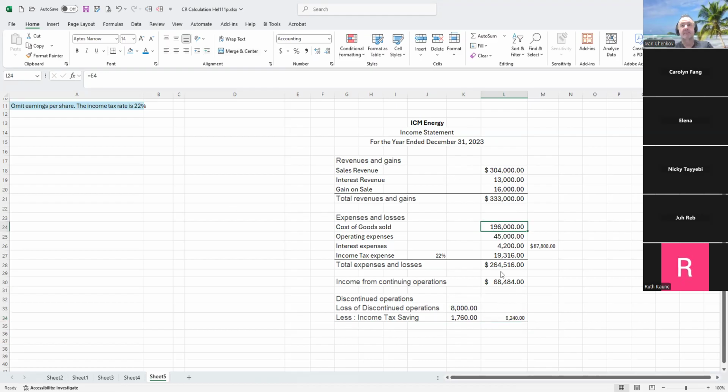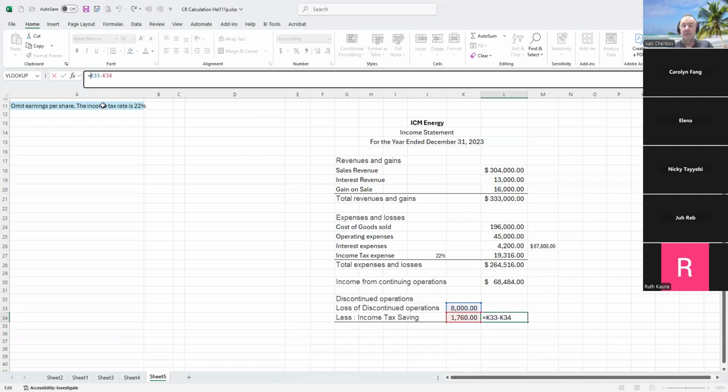Make sense? Let's make it look like a negative amount here. Minus, and put this one in brackets.